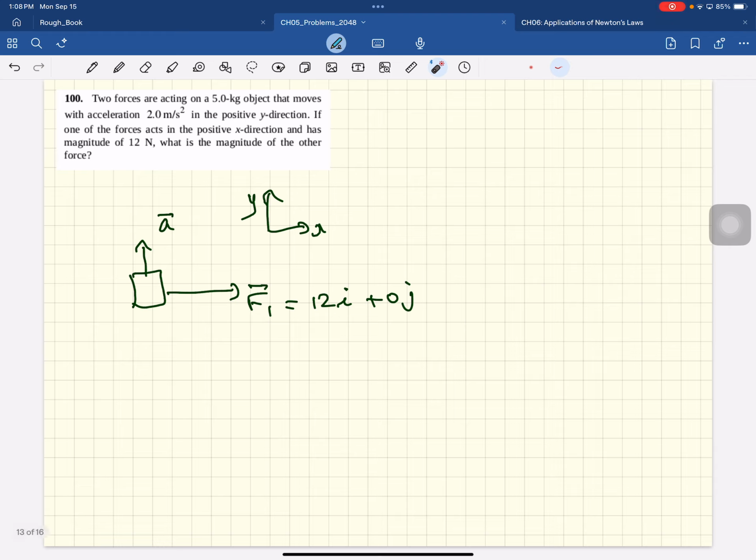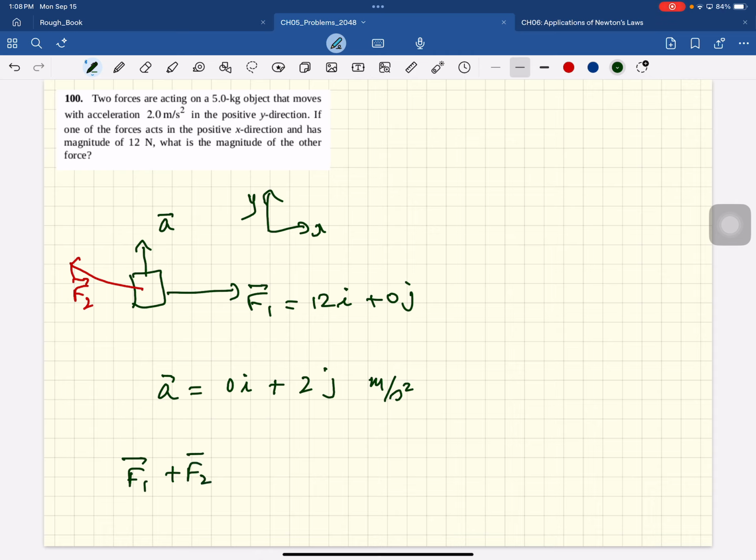All right, so F2 must act in this direction. So what you want is, your acceleration vector is 0i plus 2j. That's your resultant acceleration, okay? And F1 plus F2 should equal mass times your acceleration, okay? So F2 is m times a minus F1.